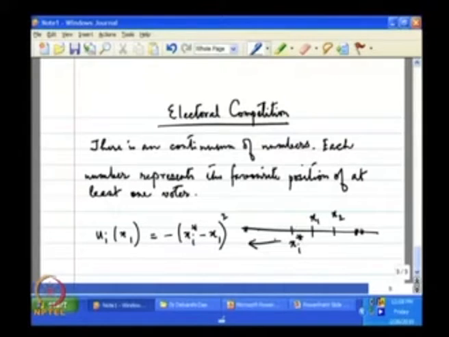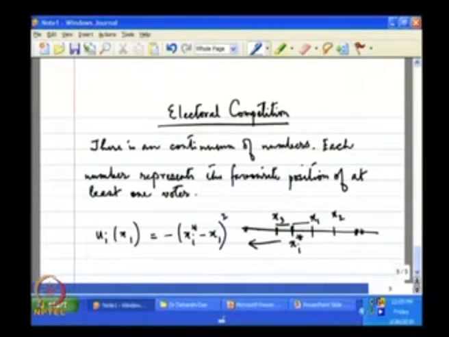Why did I square that? Suppose there are two policies x3 and x1, and they are equidistant from xi star. So this part is the same as this part. Then our model is going to assume that my dislike for x1 and x2, or my liking for x1 and x2, is the same.